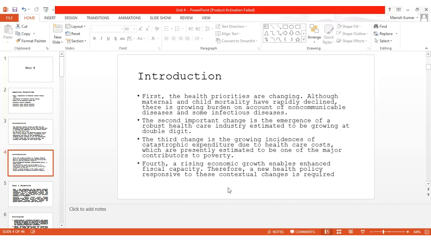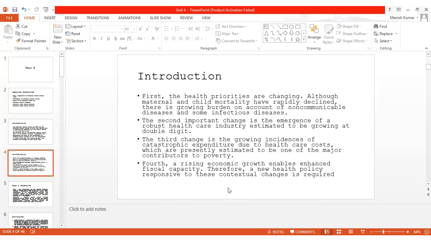First, the health priorities keep on changing indicator-wise, and our needs also keep on changing. As we have been seeing from our first class, the epidemiology of the diseases has been changing throughout India. If 10-20 years back a public health person would have focused more on communicable diseases, now the shift is from communicable to non-communicable.